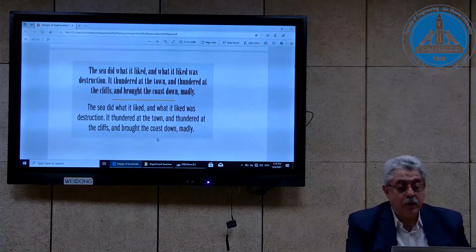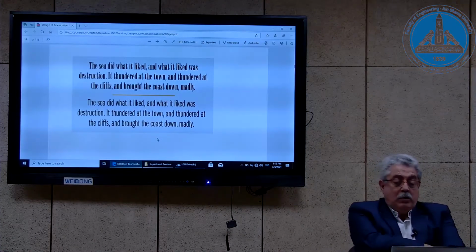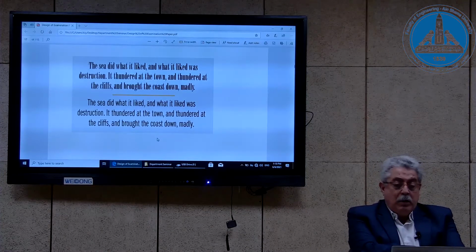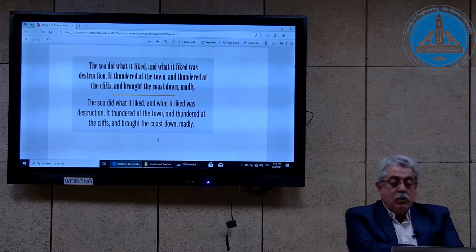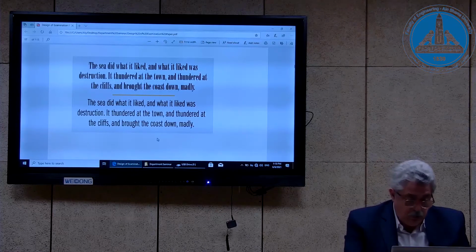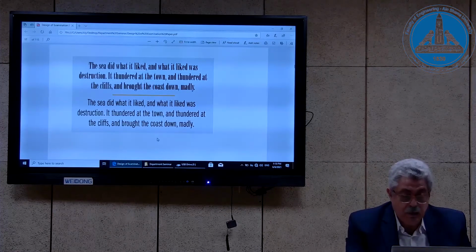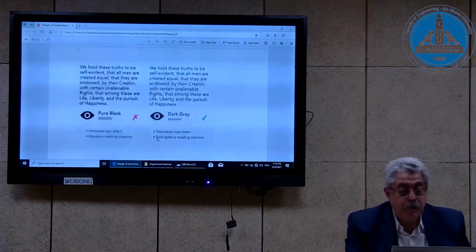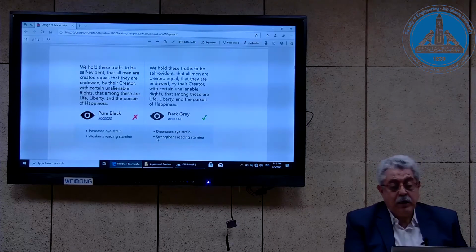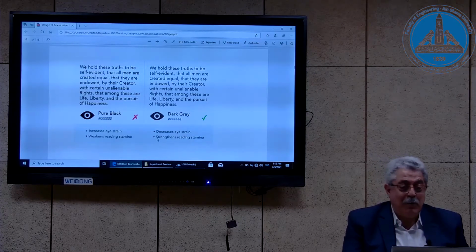Here also is an example that shows that the text at the bottom is more readable or legible, according to the first definition, than the text above. The same thing here.